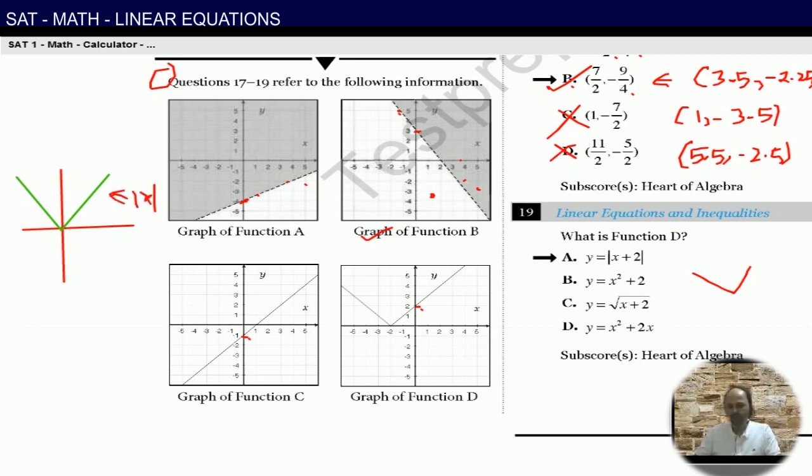Always remember, the graph of any absolute function is V-shaped. So as function D appears to be V-shaped, it can't be linear, it can't be inequalities. So there is no possibility of options B, C, or D. So we have to choose A. So 19 we have discussed.